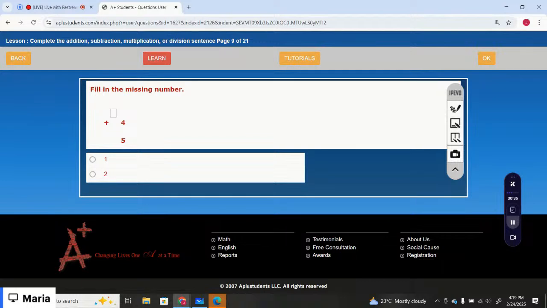Fill in the missing number. 4 plus what number equals 5? That is 4 plus 1 equals 5. Option number 1 is the correct option. Okay, you can complete the lesson by yourself later today. Let me move on to the next lesson.